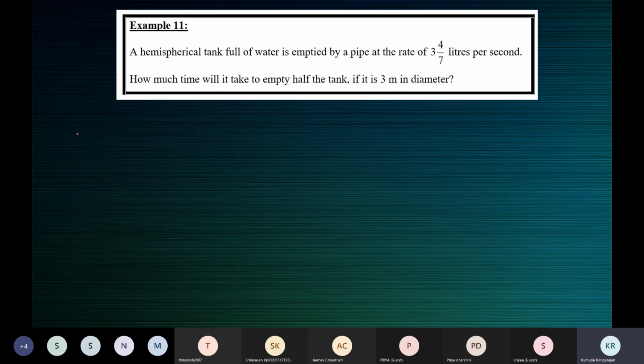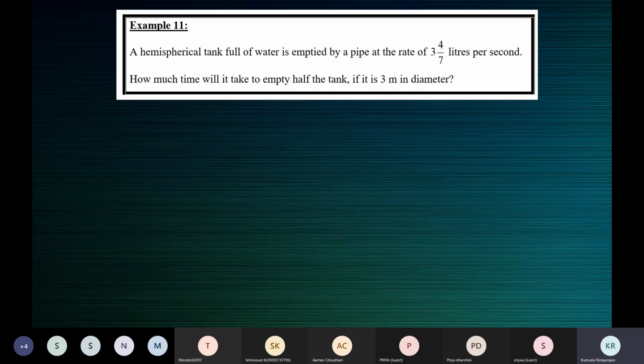So see here, these are the steps. First, the question has to be understood. They have given you the speed of the emptying pipe. In 1 second, if the pipe is open, 3.4 by 7 liters of water will come out of the tank.